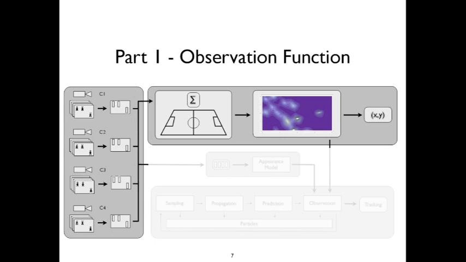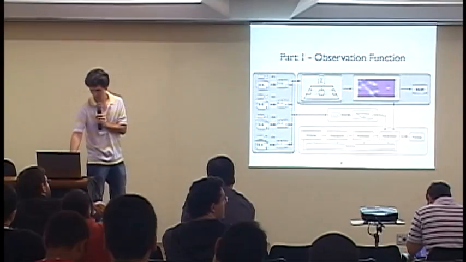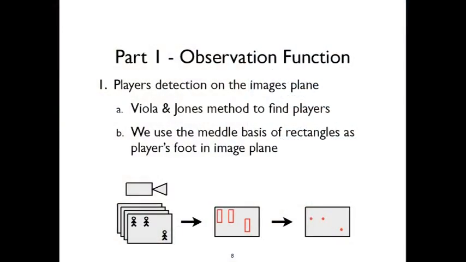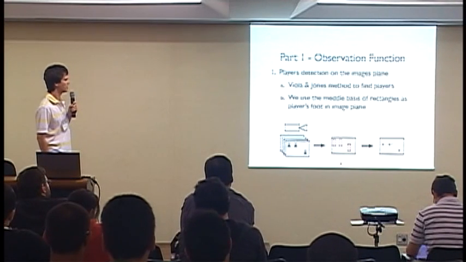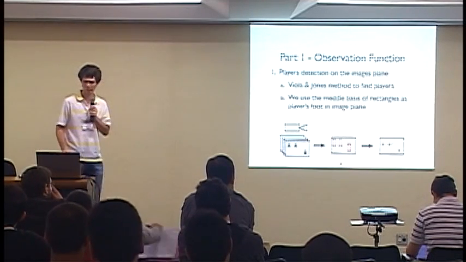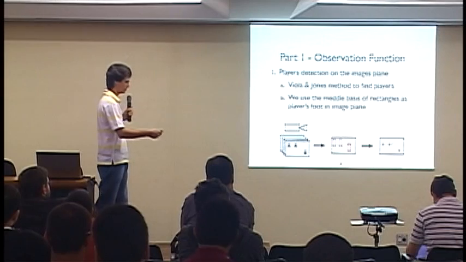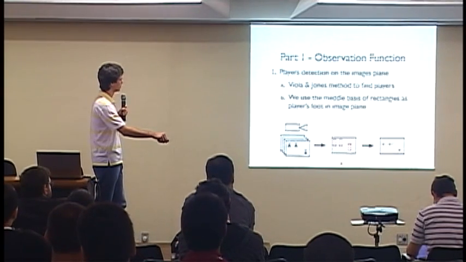In the first part, we use multiple camera detections and the data fusion. Players are detected using the Viola-Jones method, a classical method in computer vision. We use the middle of the base of the rectangles as the player's foot, like here.